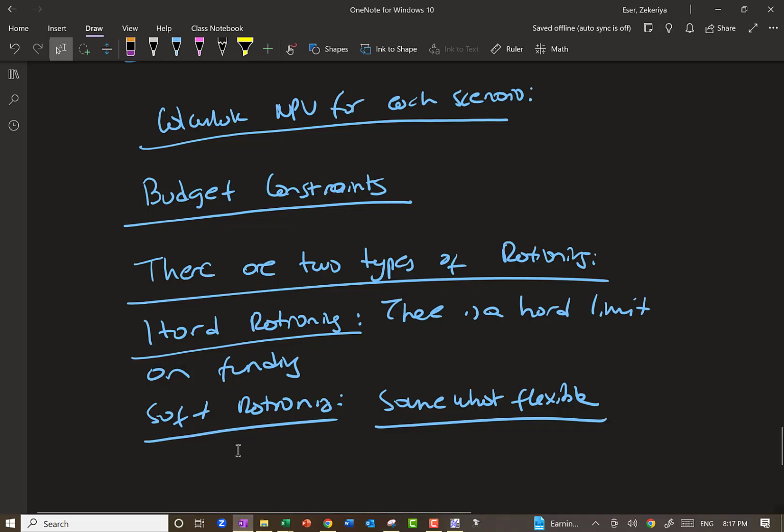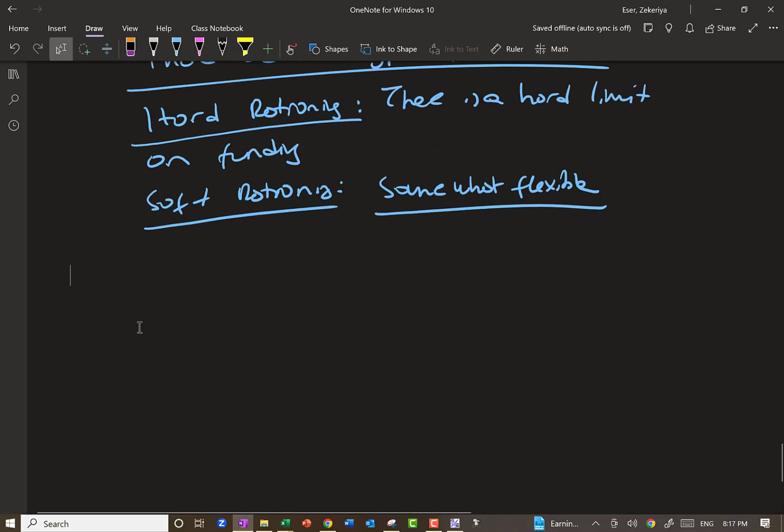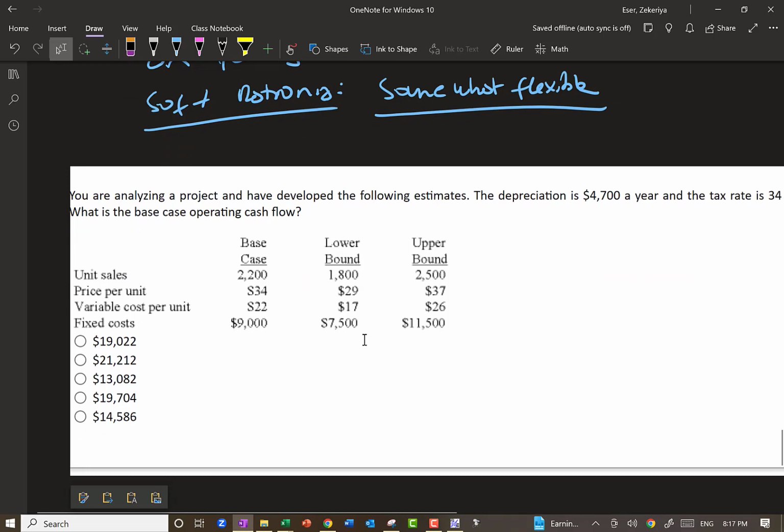Copy. Let's go back to the zones. Paste it. We're doing the base case.